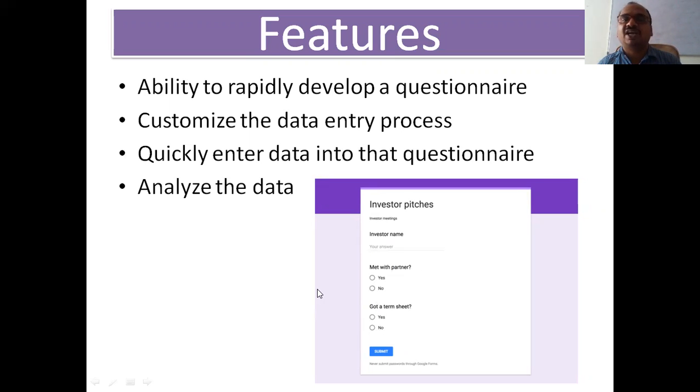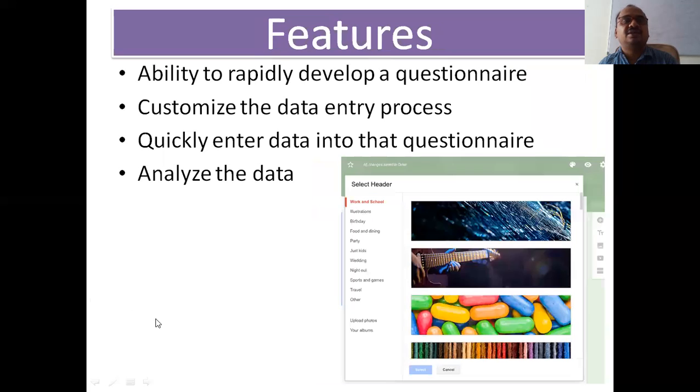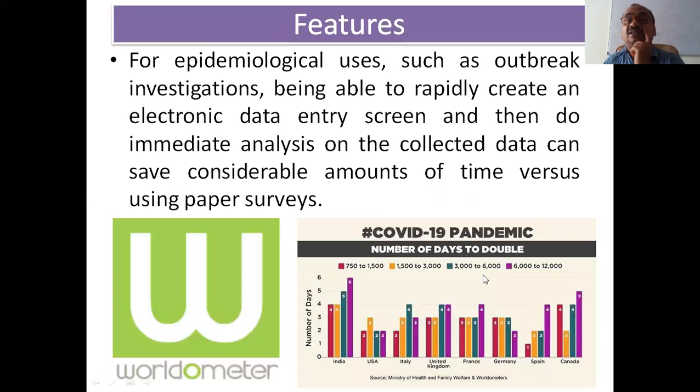Either a question like, what is your name? You fill in the blank. Objective type, subjective type, analyze the data. See, customize the data entry process. Here you can see, like a Google form, different themes are available. However many themes you want, you can select whatever theme you want.